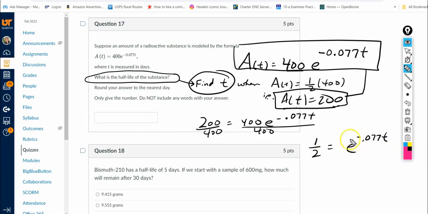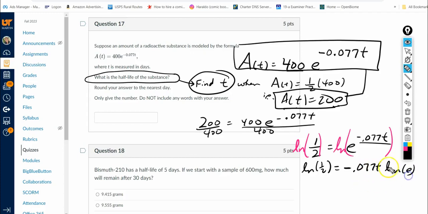And so now, since the base is e here, I'm going to take ln of both sides. And rule 3 of logarithms, if you have a logarithm to a power, the power comes out the front. Then times ln of e. But ln of e is just equal to the number 1. And that's part of a product. So I have negative 0.077t times 1. So I can get rid of that.